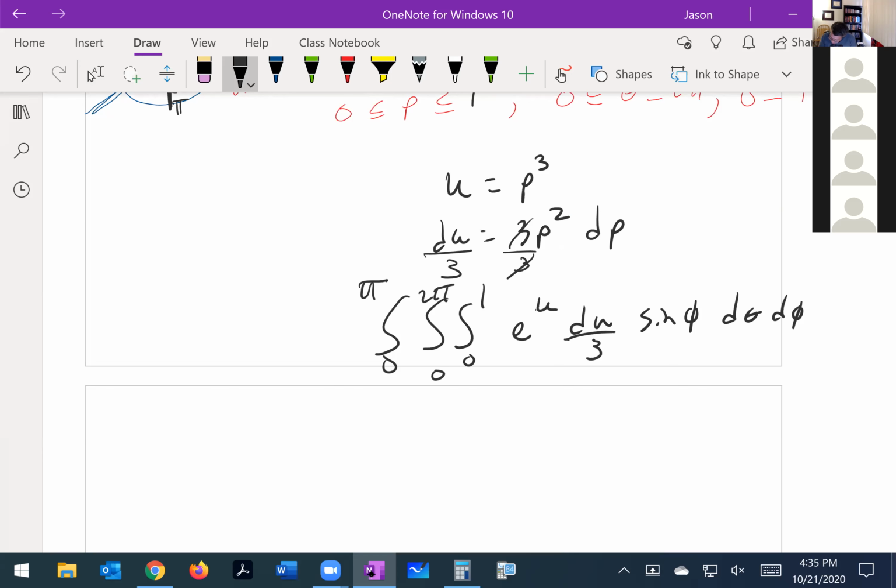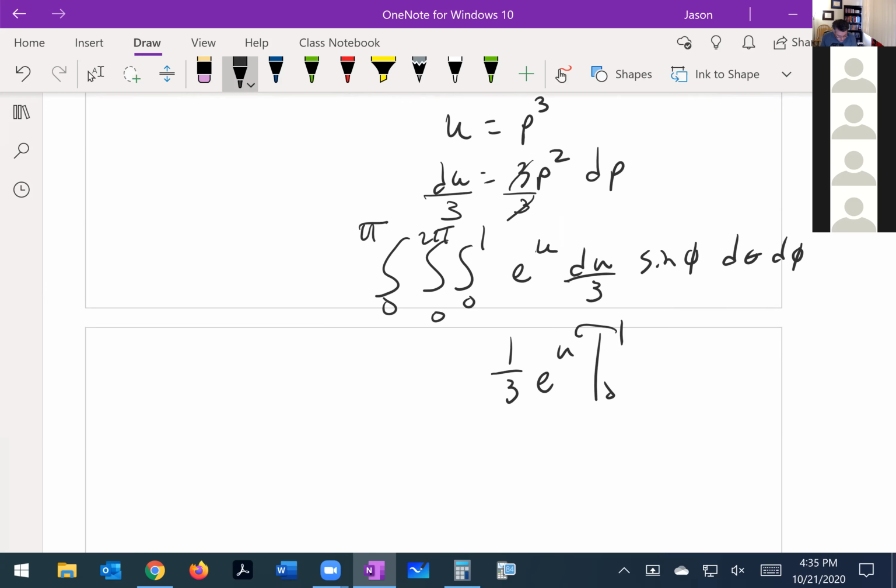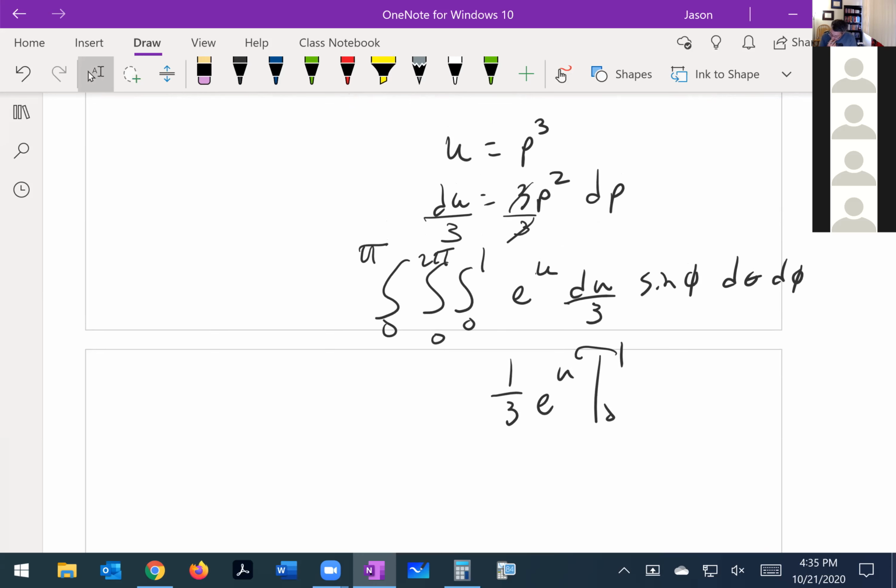So the integral is 1/3 e to the u from 0 to 1. Plug in 1 for u, that's just 1/3 e. So this is 1/3 e to the first minus 1/3 e to the 0. E to the 0 is not 0, so don't make that mistake.